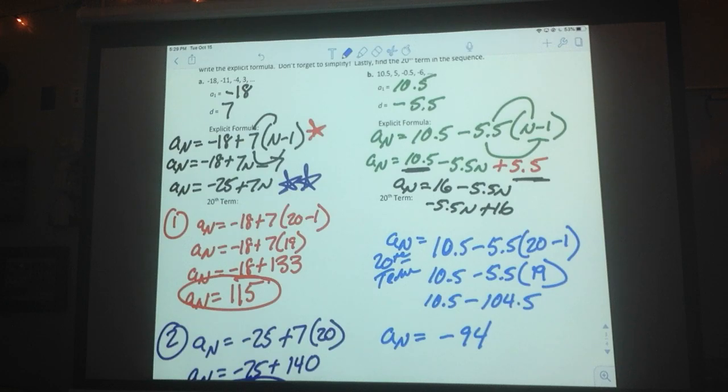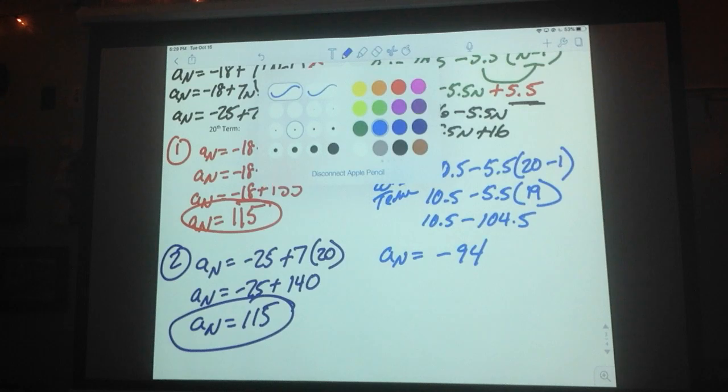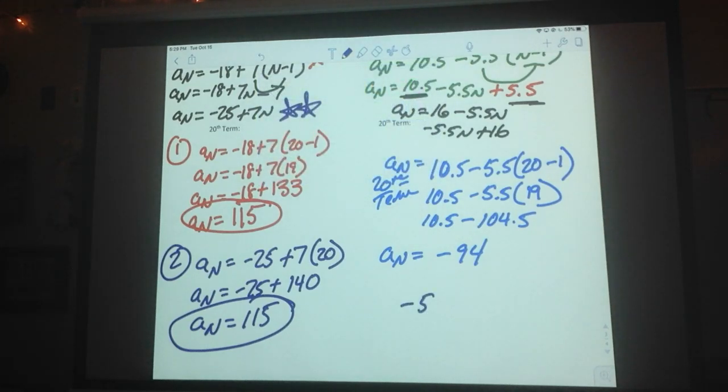Okay? And just so you know that we could have gotten it the same way, if I had plugged it in and gone negative 5.5 times 20 plus 16, you could see that negative 5.5 times 20 would have been negative 110 plus 16, would have gotten me a negative 94 as well. Both ways work.